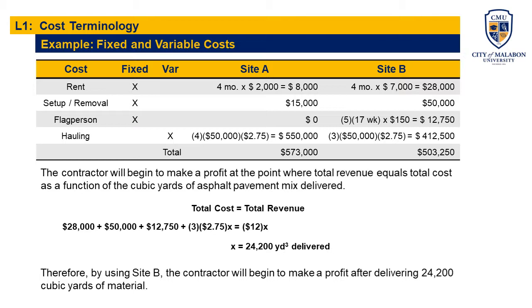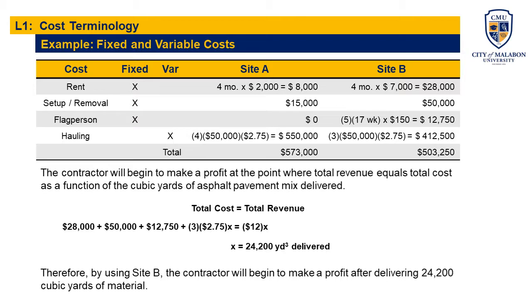So in total, site A has a total cost of $573,000, while site B is at $503,250 of total cost. The main point in this particular problem is that when analyzing options or comparing options about costs, we should consider all costs related to the particular situation.